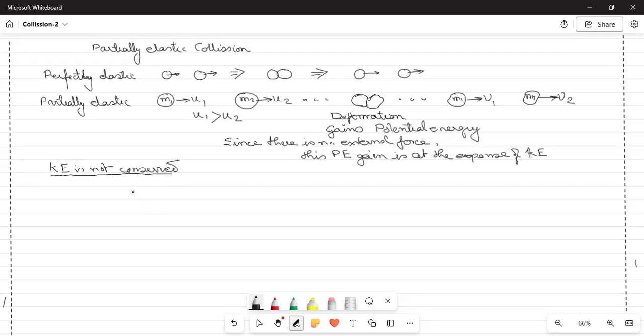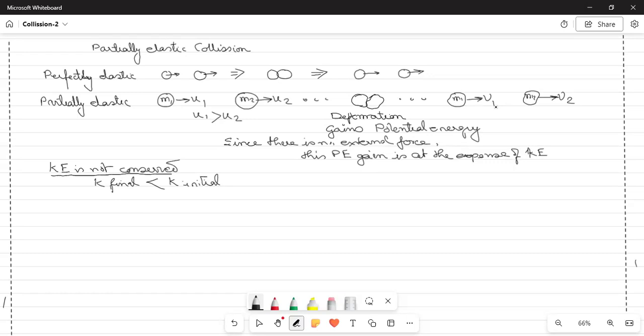Not only is the kinetic energy not conserved, we should also write that the kinetic energy final is less than the kinetic energy initial. That means there is a loss of kinetic energy. And this loss of kinetic energy is stored in the two bodies in the form of their potential energy due to deformation.